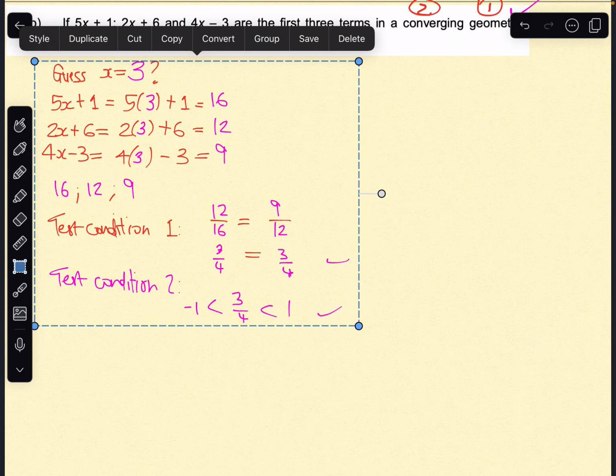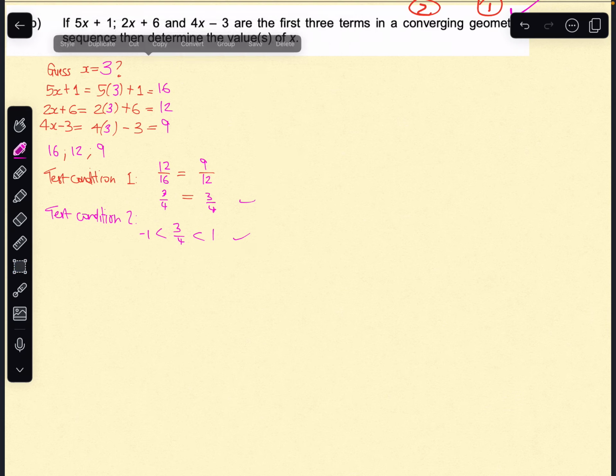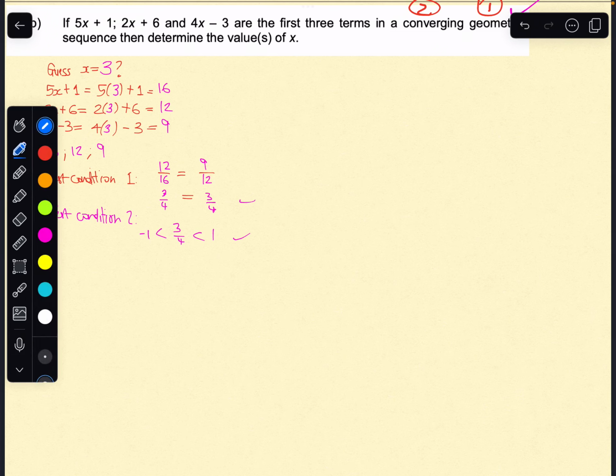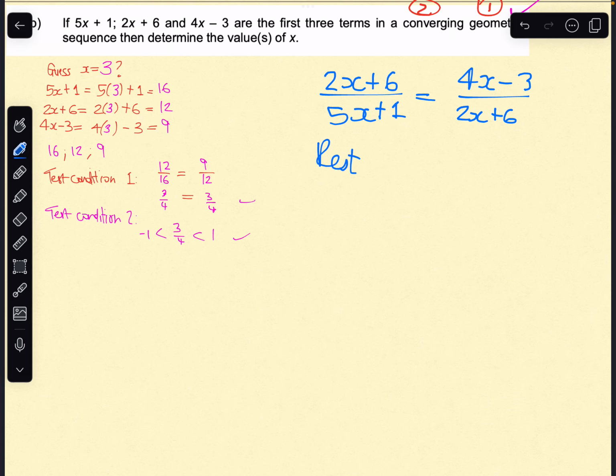Okay, so let's go ahead now and set up our equations and solve. So we want to solve (2x + 6)/(5x + 1) must be equal to (4x - 3)/(2x + 6).